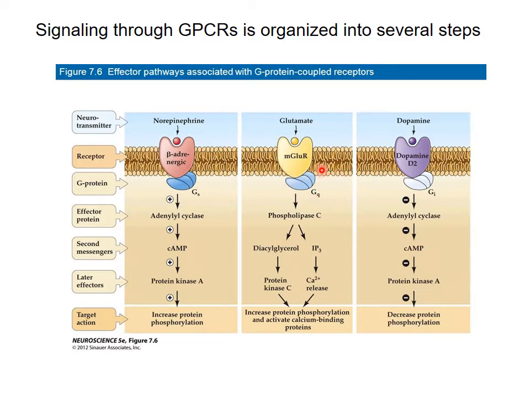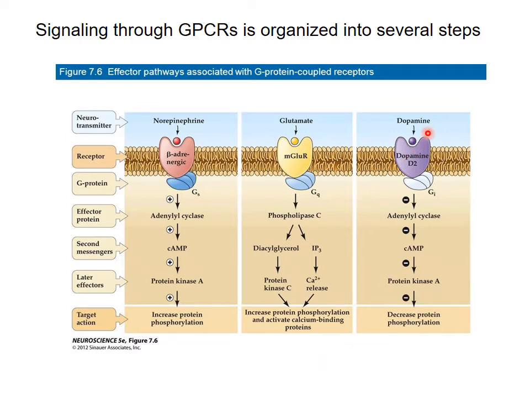Gq proteins, as we will see in the following lessons, lead to activation of another effector protein, phospholipase C. Phospholipase C catalyzes the hydrolysis of phosphatidylinositol bisphosphate into diacylglycerol and inositol trisphosphate, which can then lead to downstream effectors such as protein kinase C activation and calcium release from the endoplasmic reticulum.